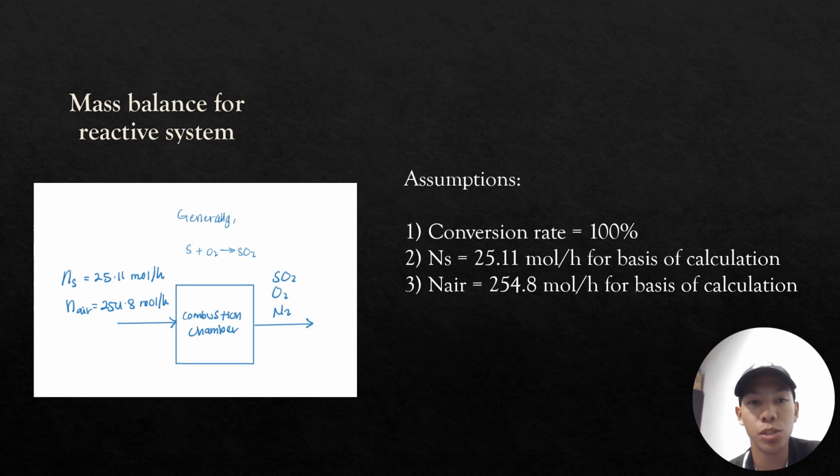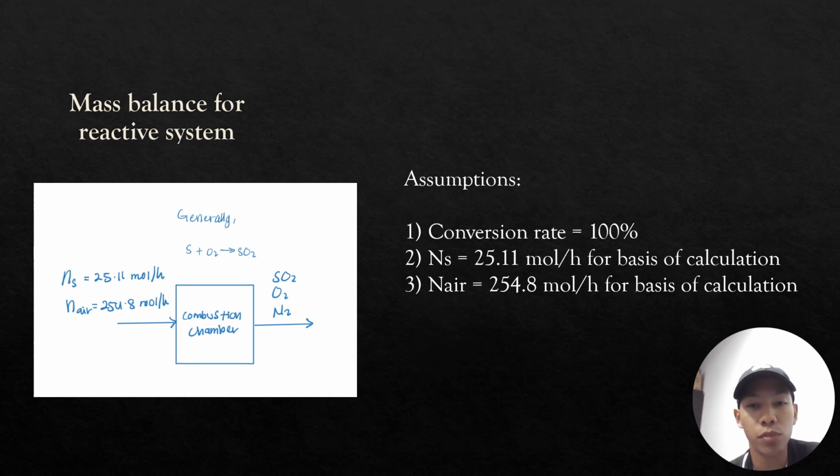Now I'm going to continue with the mass balance for the reactive system. From the lab session regarding the combustion of sulfur, we get that the molar flow rate of sulfur is 25.1 mol per hour and the molar flow rate of the air is 254.8 mol per hour.